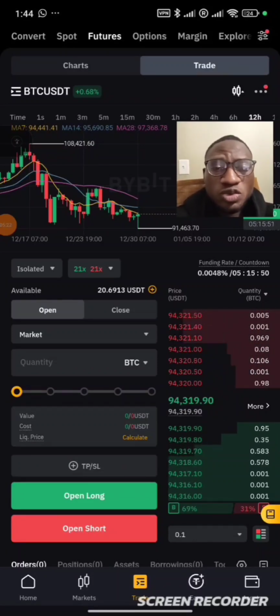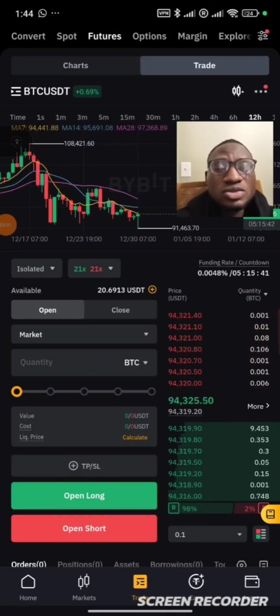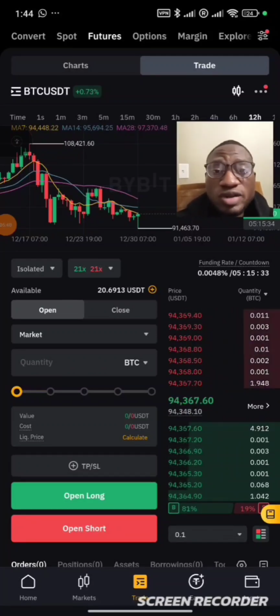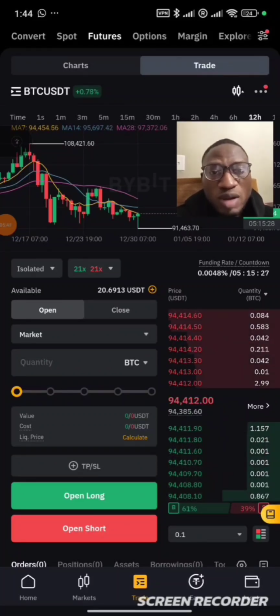Let's assume you have $100 to open a position. Depending on the leverage you are using, even though you have $100, you can open a position with $10,000, $1,000, or $500, because once you leverage your position, the broker or the exchange is borrowing you more money to hold that position.